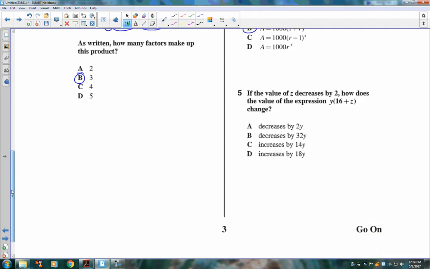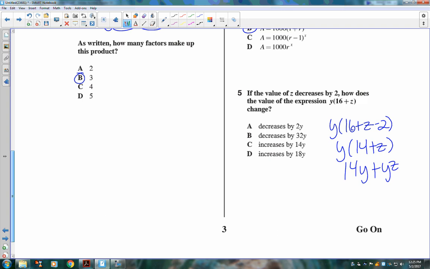And number 5, it says if the value of Z increases by 2, what does it do to the value of this expression? So what I'm going to do is take Z and decrease it by 2. Now, 16 and negative 2 gives me 14 plus Z. Now I'm going to distribute that Y, and I have 14Y plus YZ.